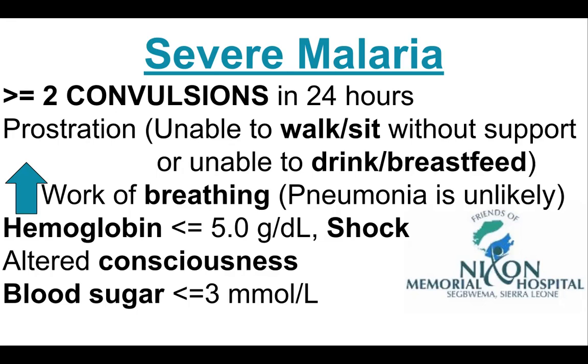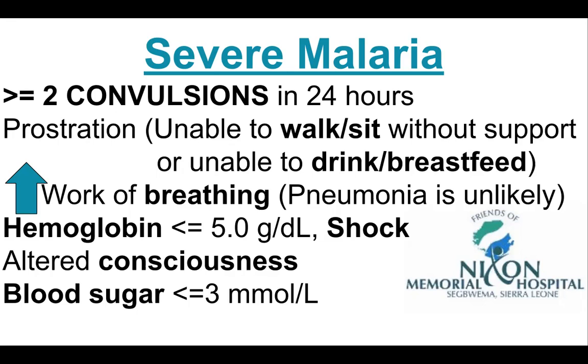And then the other criterion for severe malaria is altered consciousness. So consciousness change is also considered severe malaria. And also blood sugar lower than or equal to 3 millimole per liter is also a criterion for severe malaria.